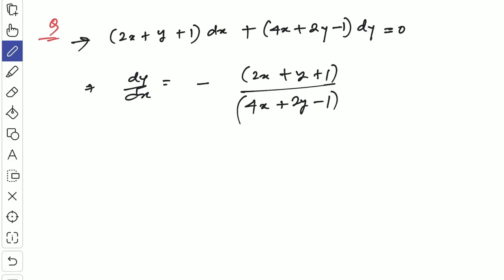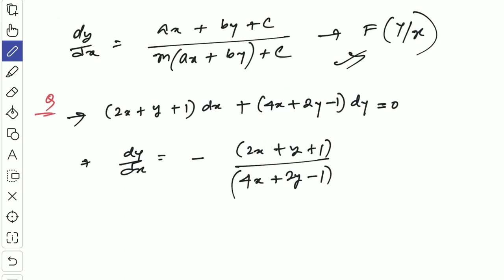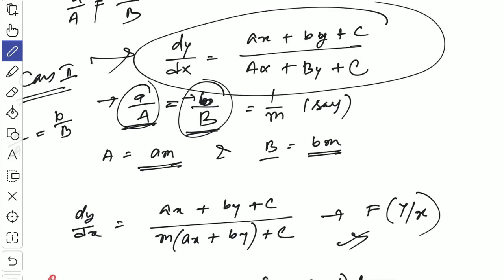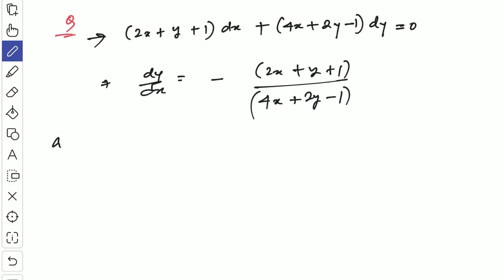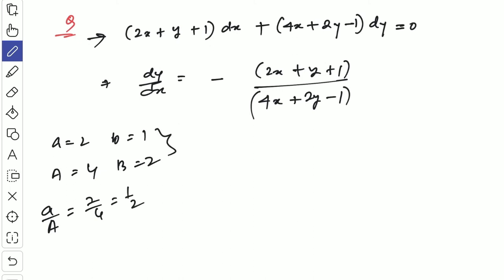If you compare this with this form of equation, then you will get small a equal to 2, small b equal to 1, capital A equal to 4 and capital B equal to 2. So if you find small a by capital A, then 2 by 4 is going to be half, and similarly small b by capital B will also be half.